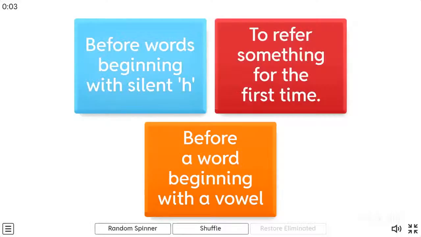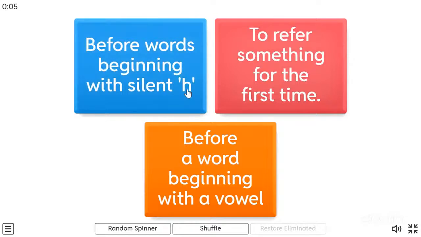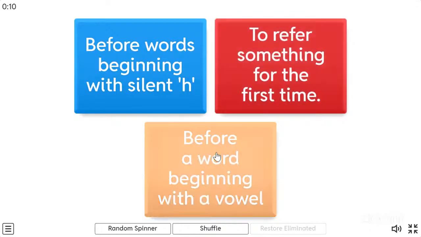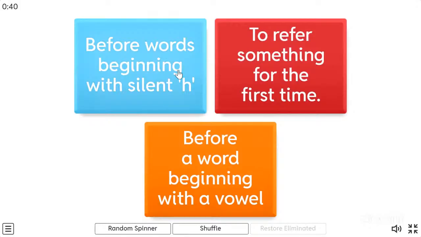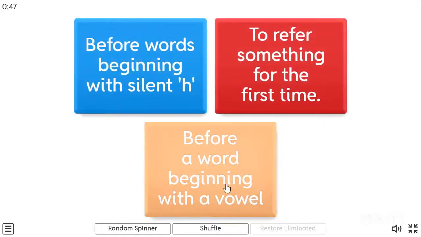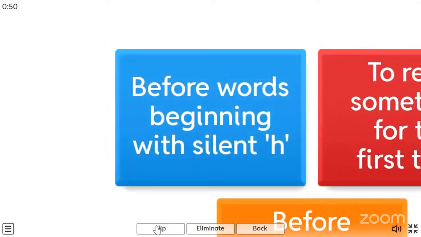Before words beginning with silent H, whenever we are referring to something for the first time, before a word beginning with a vowel letter with a vowel sound, before such words we use the article an. Before a word beginning with a vowel, also a vowel sound, we must remember that well. Before a consonant sound we use a, before a vowel sound we use an. So: words referring to something for the first time, words beginning with silent H, before a word beginning with a vowel. Okay, for that I need to know the examples.